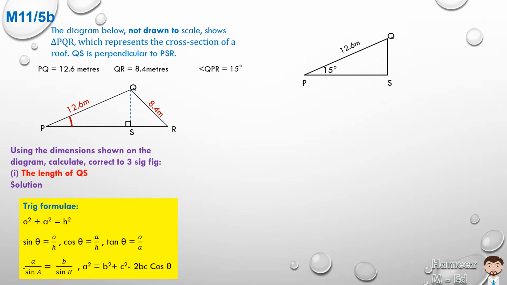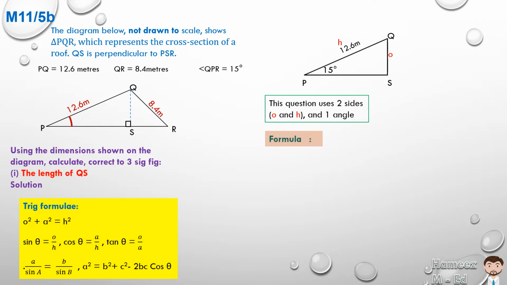And we're interested in QS. As such, we're interested in O, the opposite, and H, and we have an angle. So this question uses two sides, O and H, and one angle. So when we look at our formulas, the formula which has an angle and those two sides is sine theta.